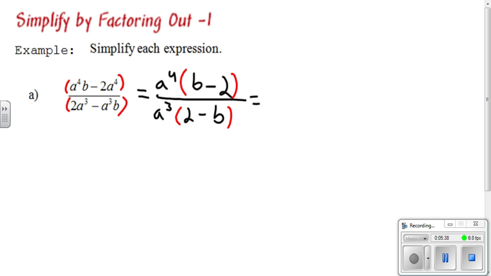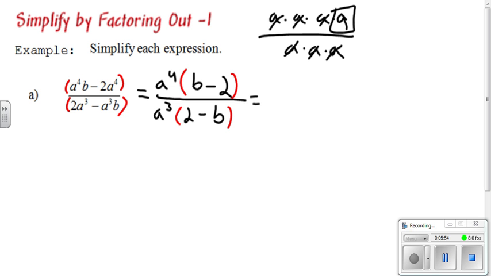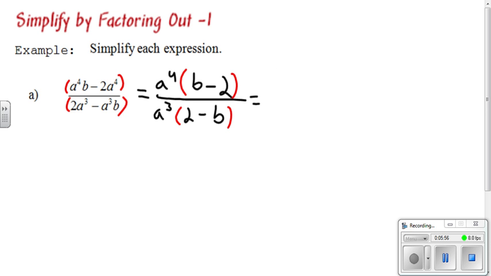If we have an a to the fourth and an a to the third, we could write it out as a times a times a times a divided by a times a times a, and then cross them out individually, and notice that we have one left. Or, remember our rules of dividing powers: if we have 4 on top and 3 on the bottom, we just subtract 3 from the 4, so we'd have a to the 1, or just a.